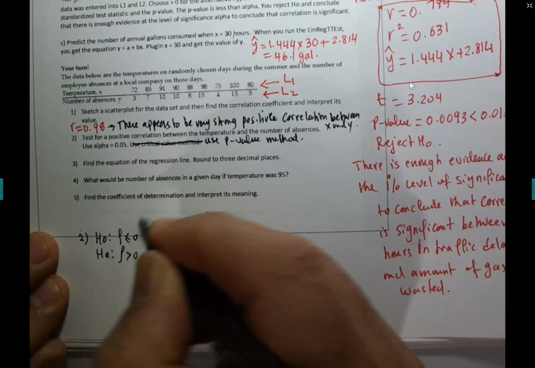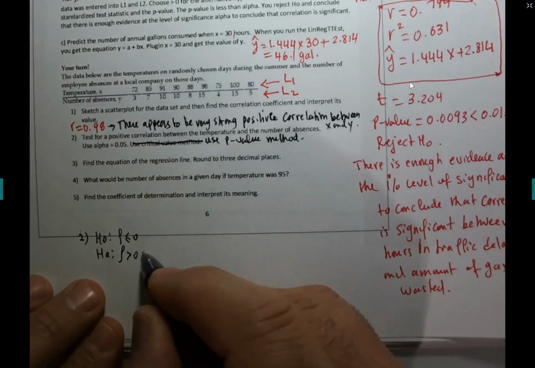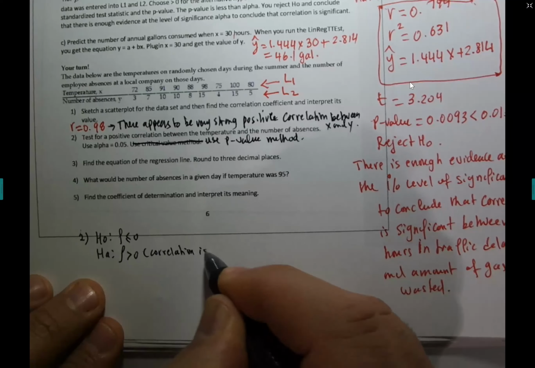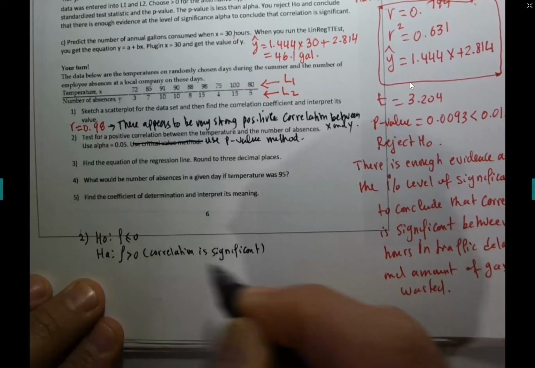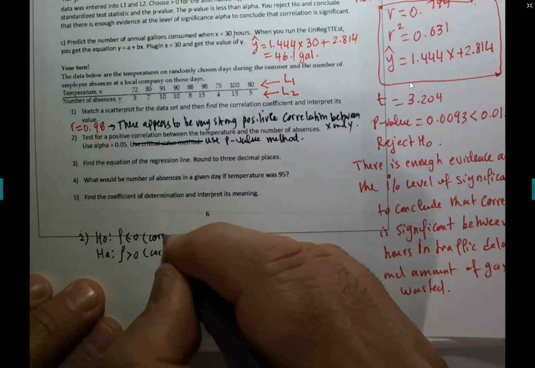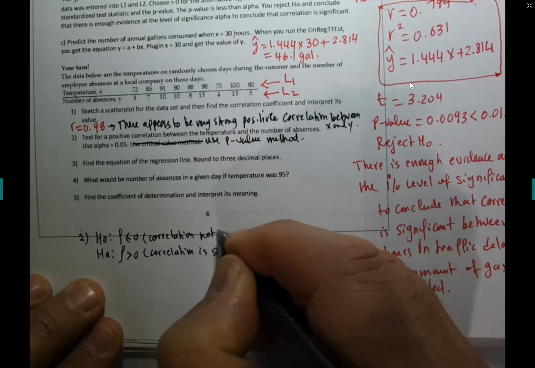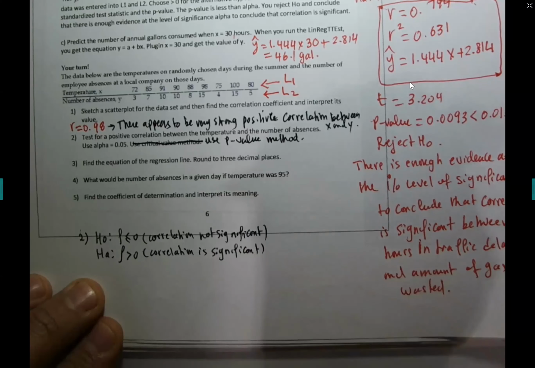And if you ask me why I put this, because he says test for positive correlation. Correlation is significant. Correlation not significant. Always, always you write those two statements. That's what I like you to do for the assignment, which we're gonna go to next.